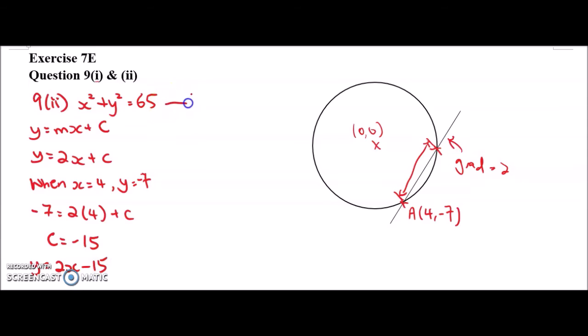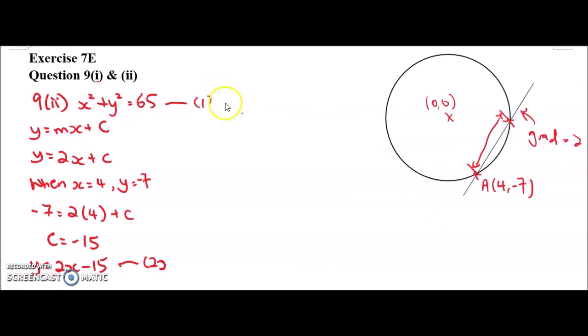So we can solve these two equations simultaneously. One set of answers will give us point A, and the other set will be the second point of intersection. I have shifted the diagram away so that we have more space to do our working.